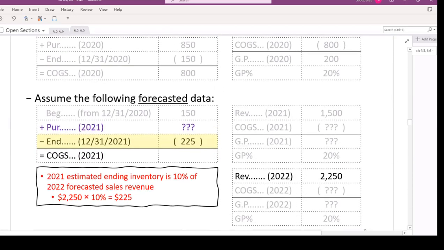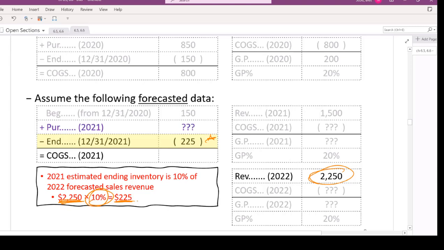Next, we have to estimate what ending inventory is going to be. So next one down, we're estimating 225 as our ending inventory for 2021. How did I come up with that? Well, recall that I need to look ahead at the end of 2021. I need to look at the 2022 forecasted net sales and multiply that by 10%.